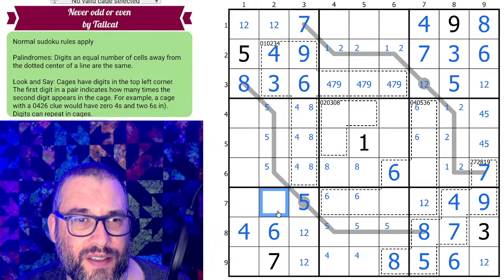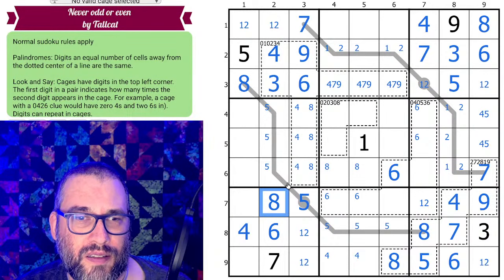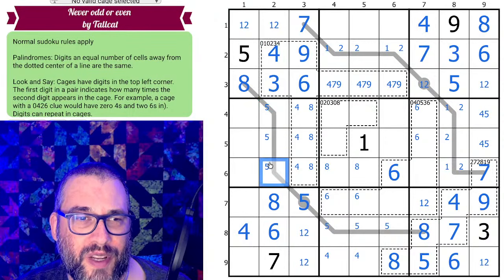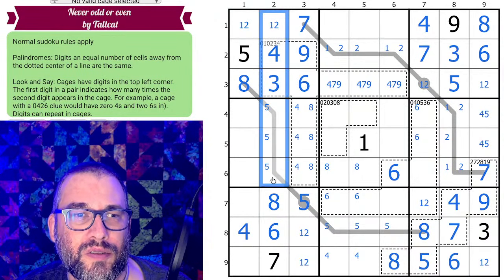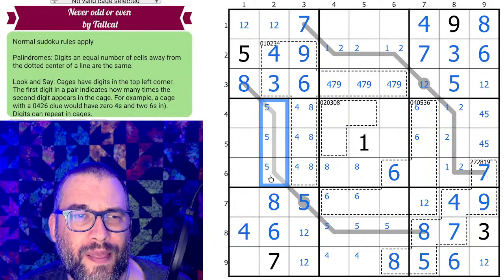Let's see. This is not 1, 2, 3, 4, 5, 6, 7, or 9. So it's an 8. Oh, 8 in column 2 would have been easier, yes. All right, what's left in column 2?